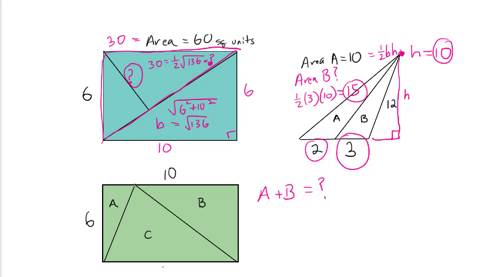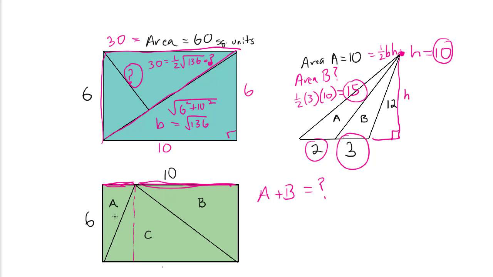I know the height of each triangle, A, B, and C, is always equivalent to 6. And the base of A, I don't know that. That's part of the problem. And the base of B by itself, I don't know that. But together, they are the full length of the rectangle.